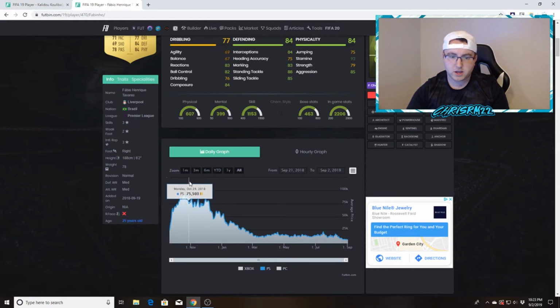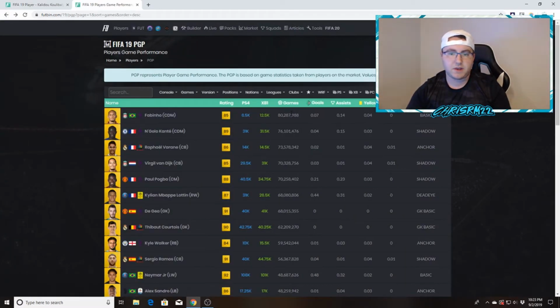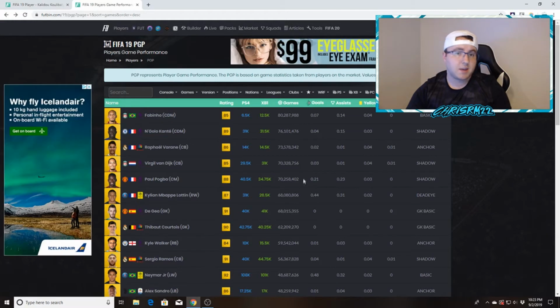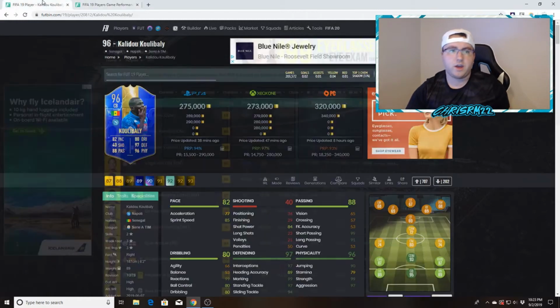I don't know if he hit 100k, 96k. And throughout the whole year he was over 70k for the most part until you hit December, and then obviously golds kind of filter out as there are more special cards on the market. But PGP is very good to use based off of just looking at the amount of games played on cards. There will be a direct correlation of the player's price going up in that way.